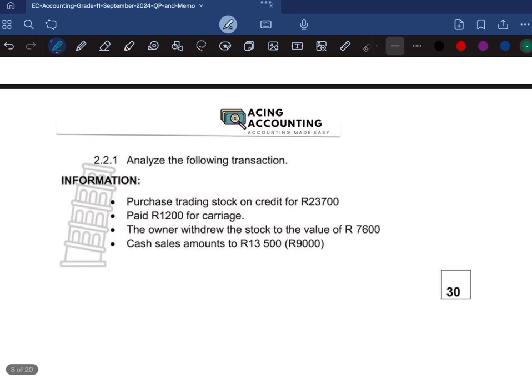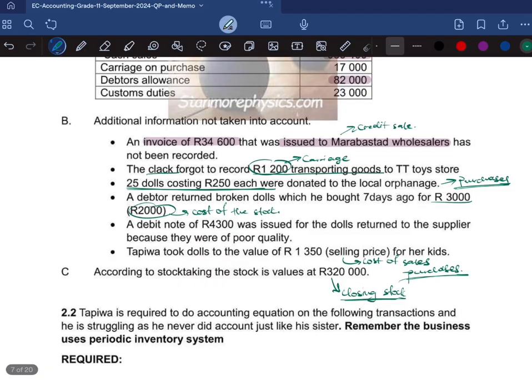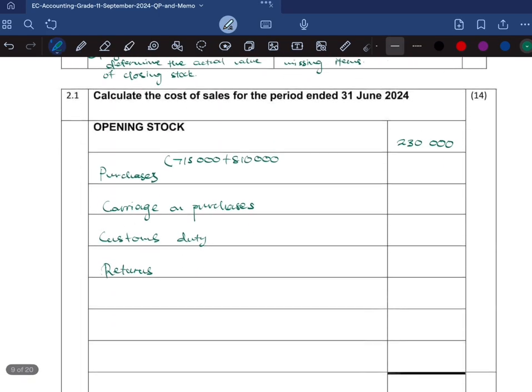Then let's see anything else that affects our purchases. We talked about an amount of dolls that were donated. Remember, we said 25 dolls, 25 multiplied by 250. So that gives us 6,250, which is going to reduce our purchases. So minus 6,250.